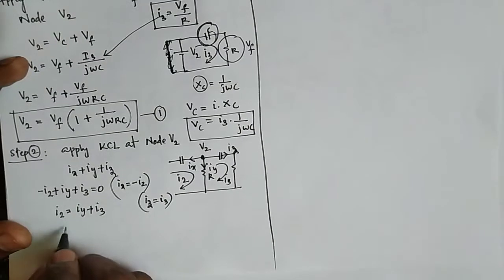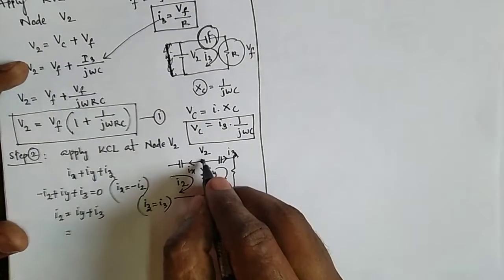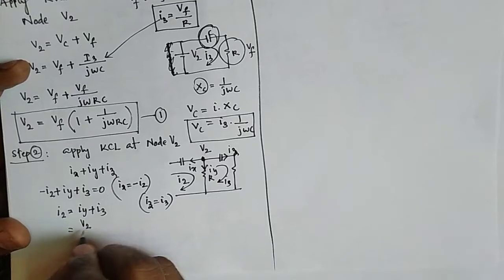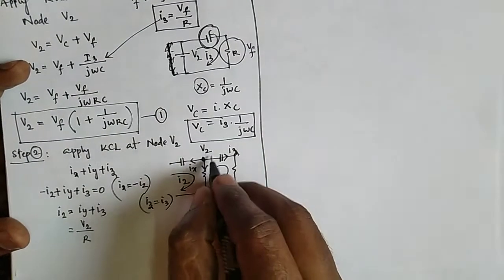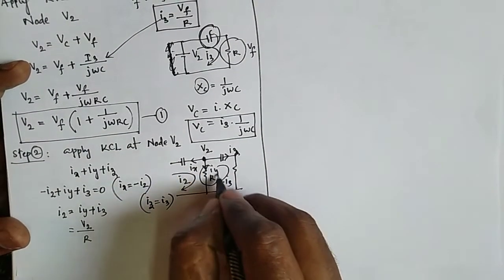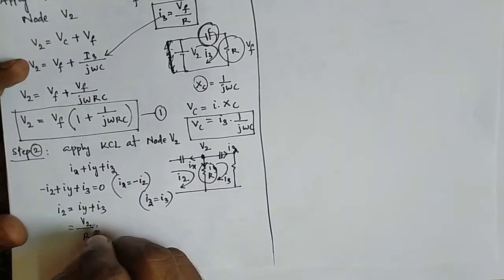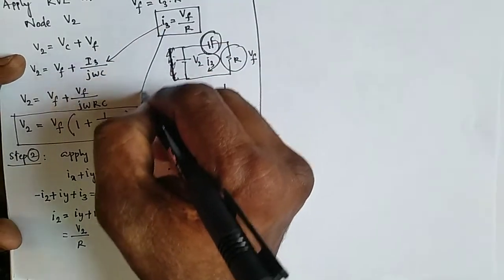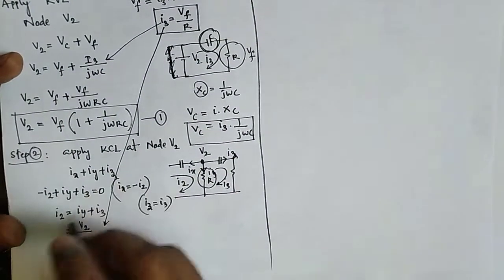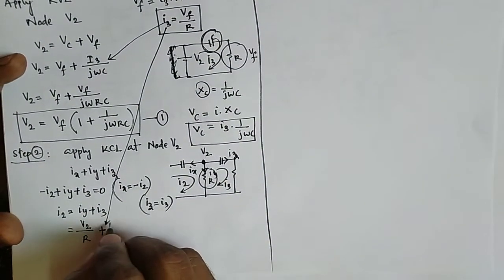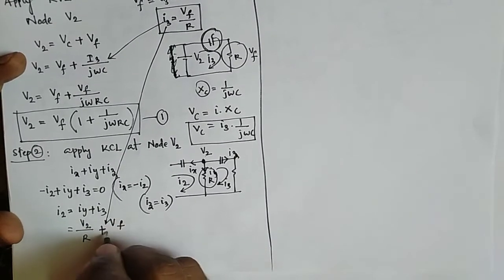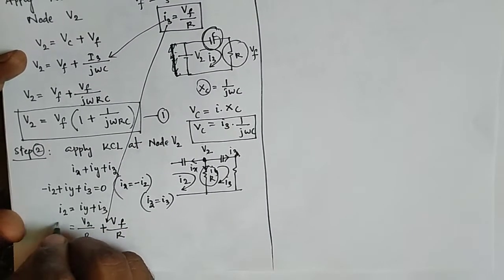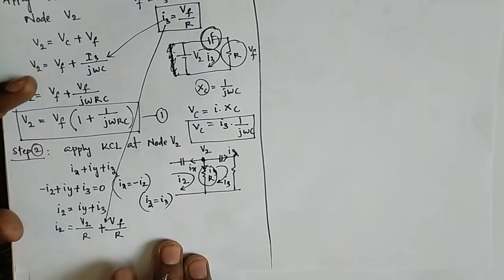In this function, the Iy value is equal to V2 by R, where V2 is the voltage drop across this. Then I3, we already have the function, so the I3 value is directly substituted in this. That is Vf by R, which is equal to I2.